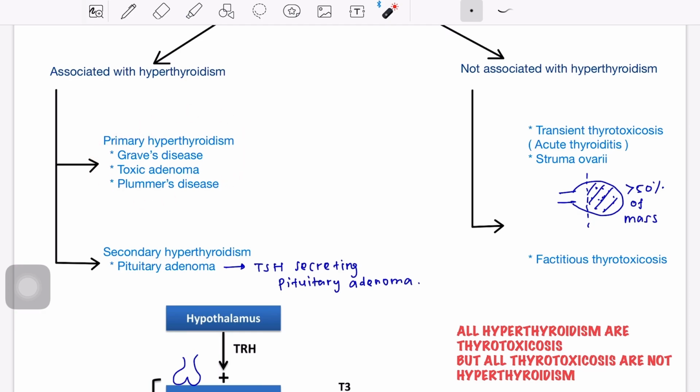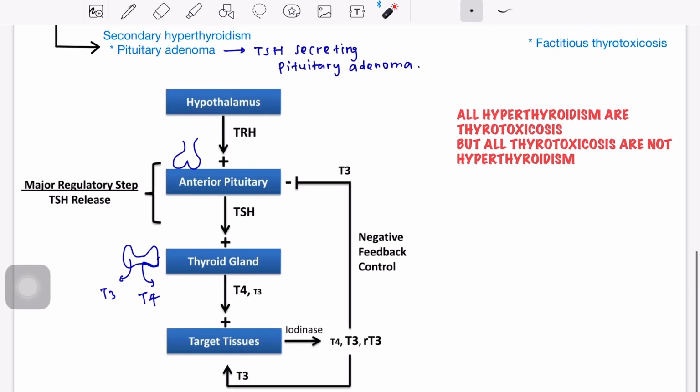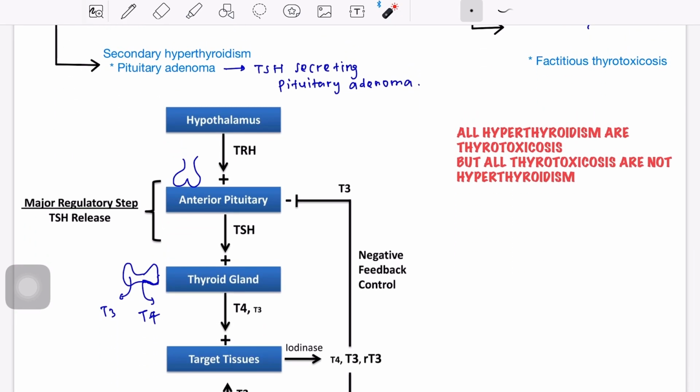And for secondary hyperthyroidism, what do we mean by secondary? Secondary means it's not from the thyroid gland; we have to think of something other than the thyroid gland. For example, regulation of the thyroid hormones: first, from the hypothalamus, thyrotropin releasing hormone is secreted and reaches the anterior pituitary gland.